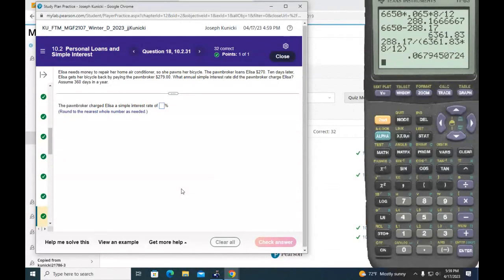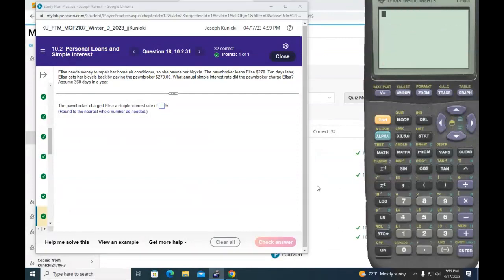Okay, here's a couple of, this is an example of what we call usury. You know what usury is, right? Beating people over the head, getting large rates of return, like 100%. Now, on the face of it, it seems harmless. Elisa needs money to repair her home air conditioner, so she pawns her bicycle.